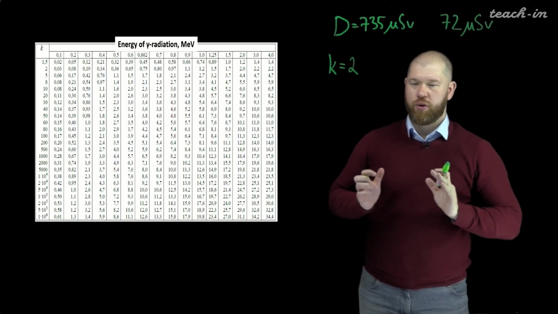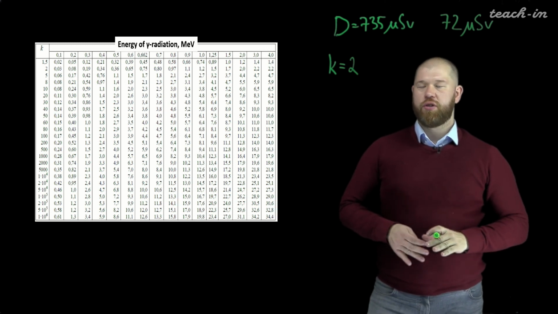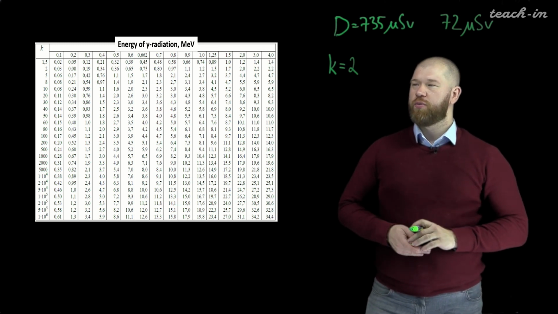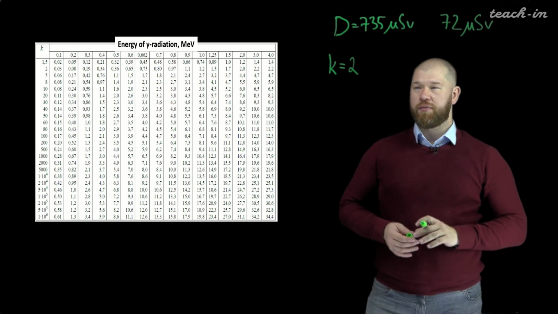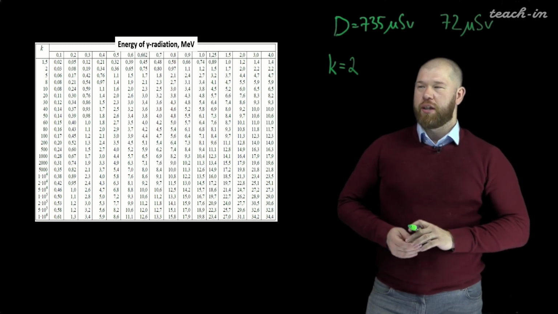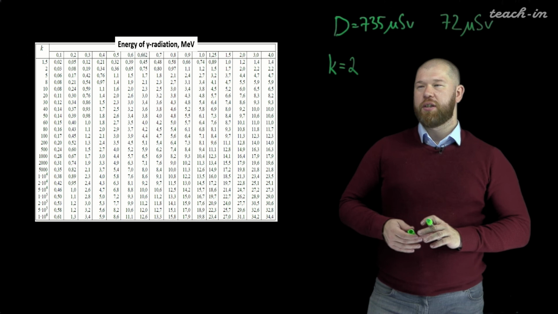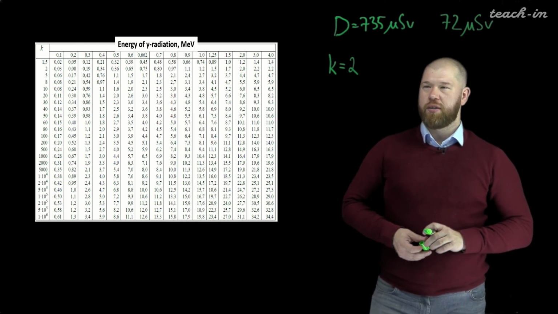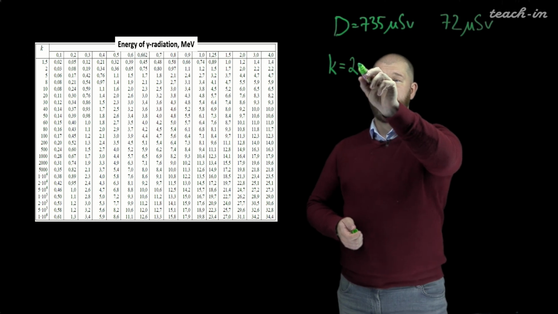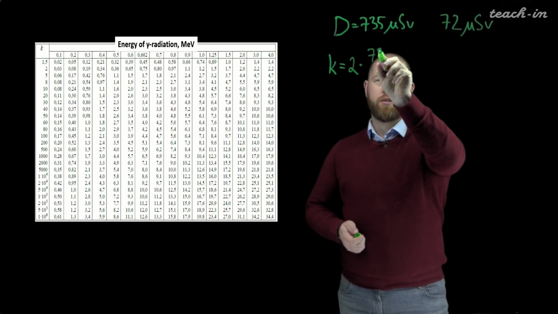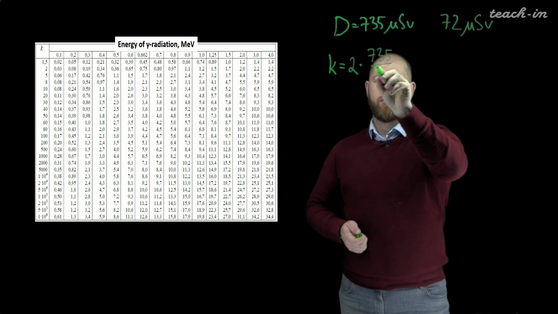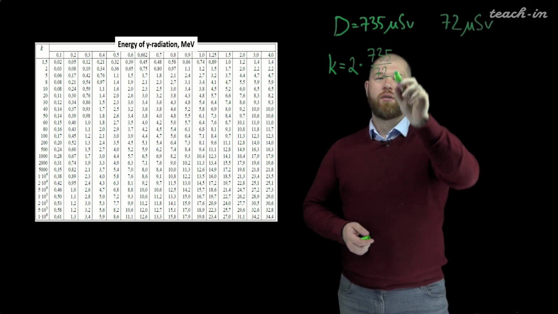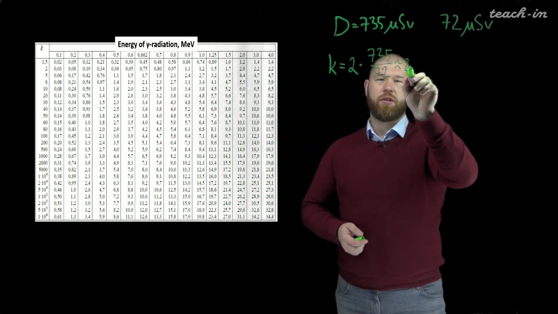So it is to ensure that the operations with the source of ionizing radiation will be safe in all the cases. So we will always take this coefficient 2 to ensure the safe operations. And then we simply take this ratio, and we will see that it will be equal to 20.